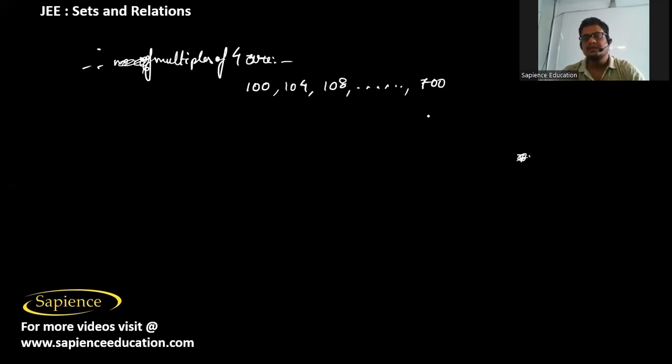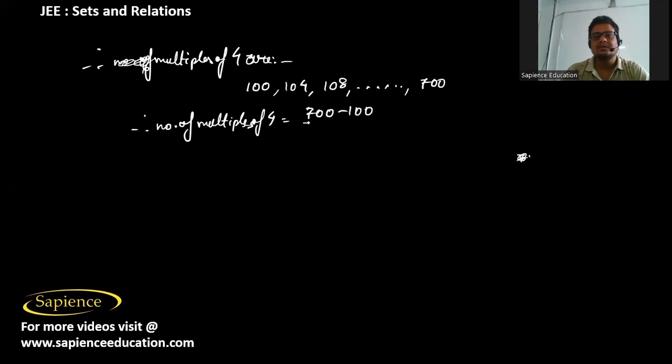So therefore, the number of multiples of 4 will be equal to (700 minus 100) divided by 4, plus 1.